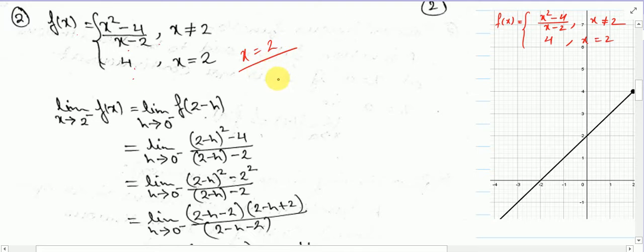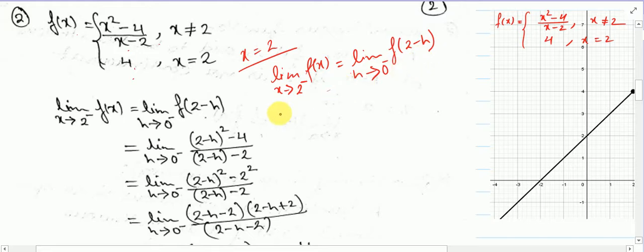Firstly we have to find the left hand limit, that means x tends to 2 from the left hand side of f of x, so you write limit h tends to 0 of f of 2 minus h.